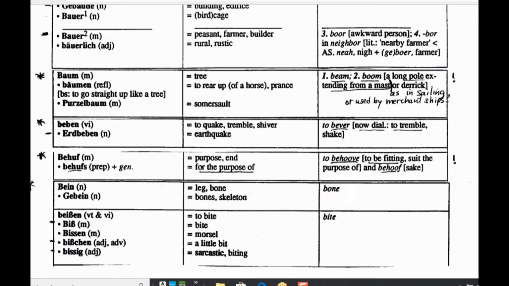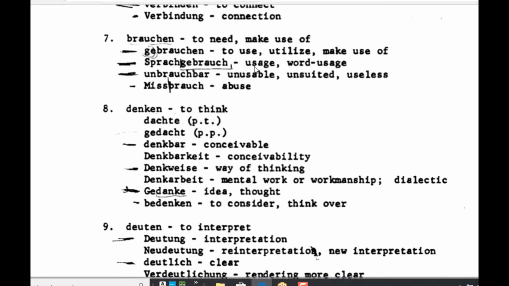Let's go to 100 stems. In this one we have just 7 through 9 assigned for this third week. Brauchen, to need or to make use of. So here you have gebrauchen, to use.